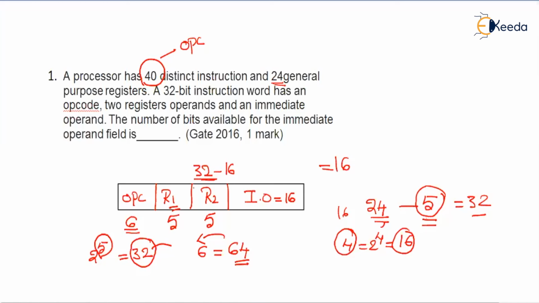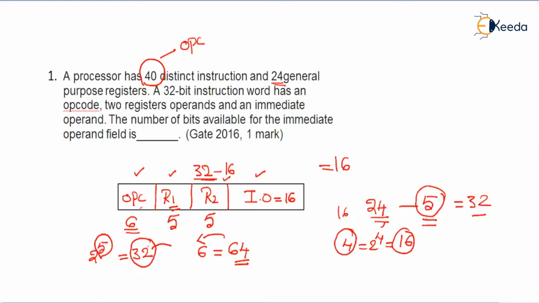Once again, the total instruction should be divided into the fields given in the question: opcode field, register 1 and register 2, and immediate operand. Now plot the number of bits required for each field. Opcode: the total number of opcodes in the system is equal to 40.